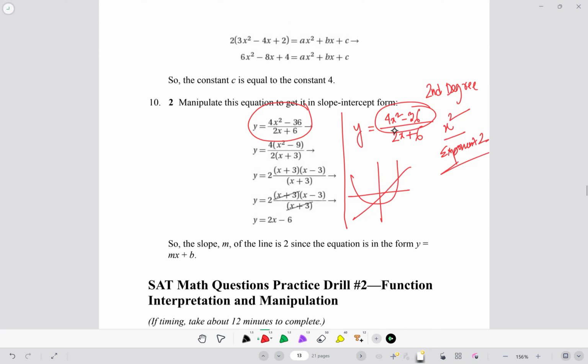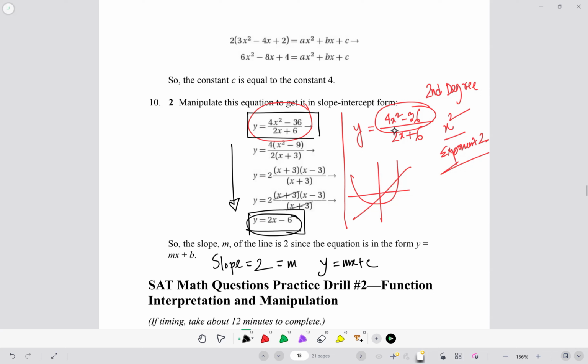What you need to do is make this equation look simpler. Do some algebraic manipulation, and after doing this algebraic manipulation, you get this simple line. From this straight line, you can say that the slope is 2, which is basically y equals mx plus c.